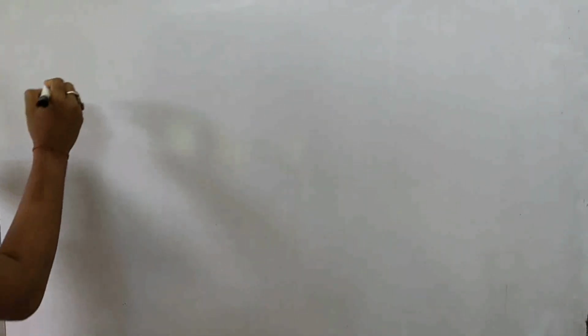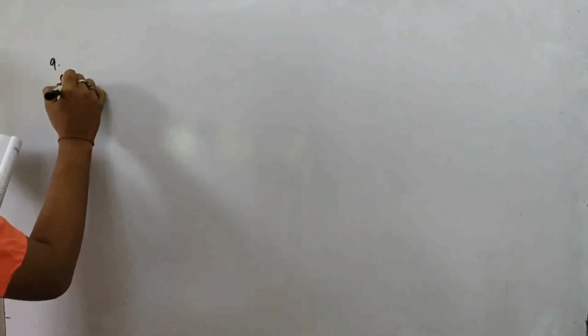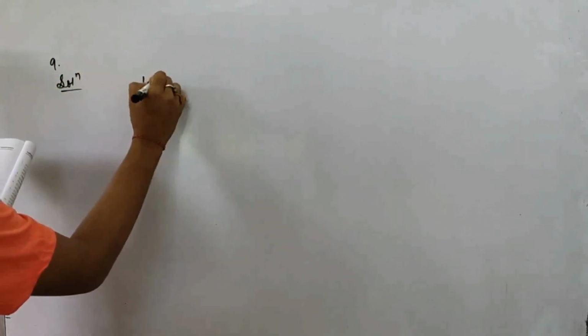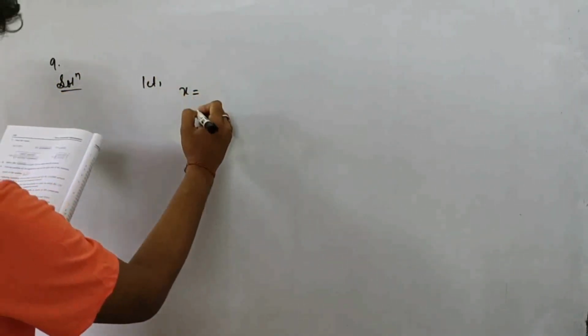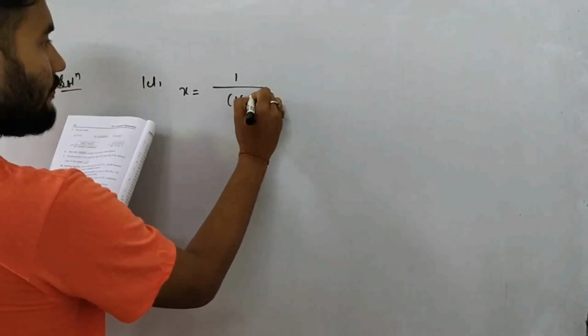So the process will be the same as how we calculated the number of zeros. Question number 9: find the position of the first significant digit on the right side of the decimal point of this number. So simple, let us consider this to be x. The way we found the number of zeros, the same way we will find this one.